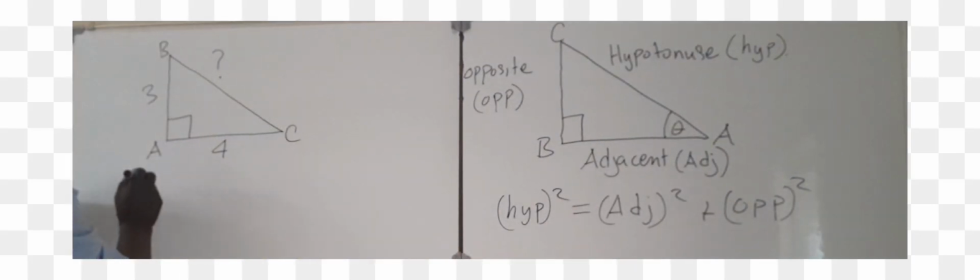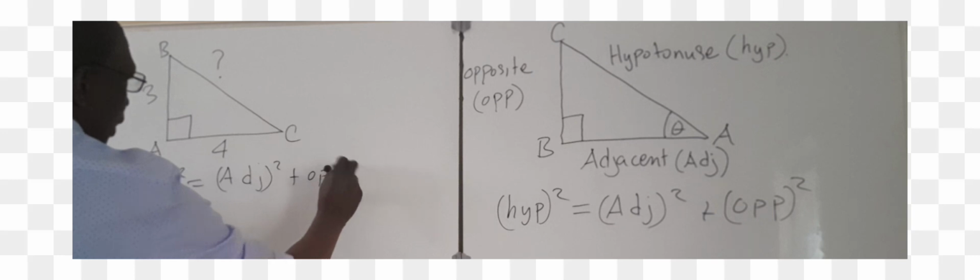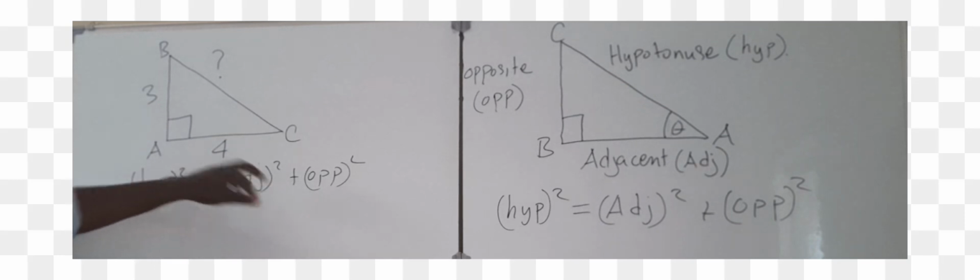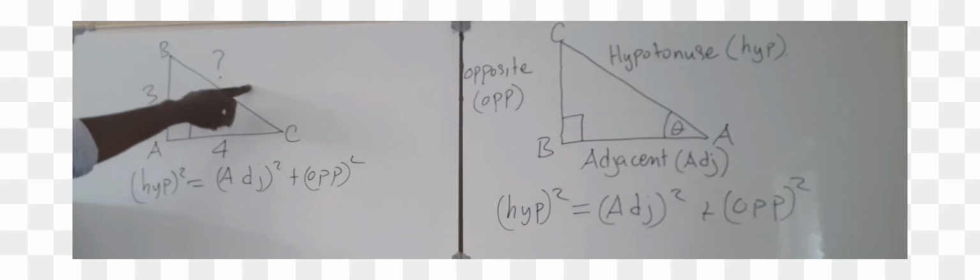Well, Pythagoras theorem says HYP squared is equal to ADJ squared plus OPP squared. Now, what are we given? We are given the adjacent side, which is ADJ. We are also given the opposite side. What we are not given is the hypotenuse.